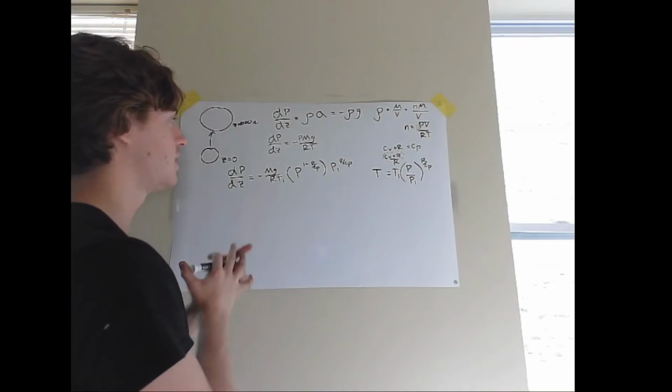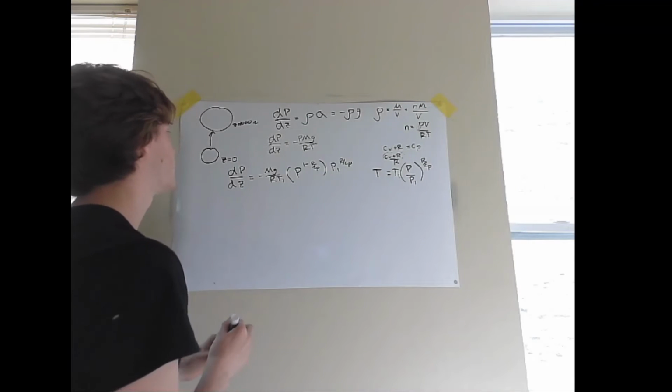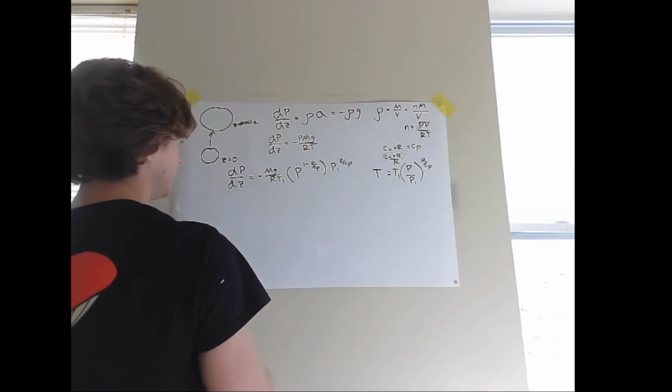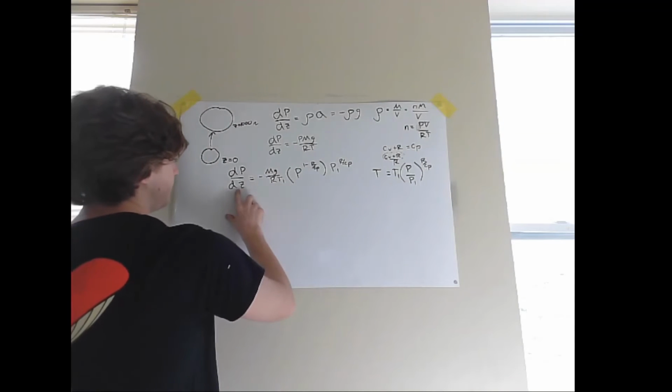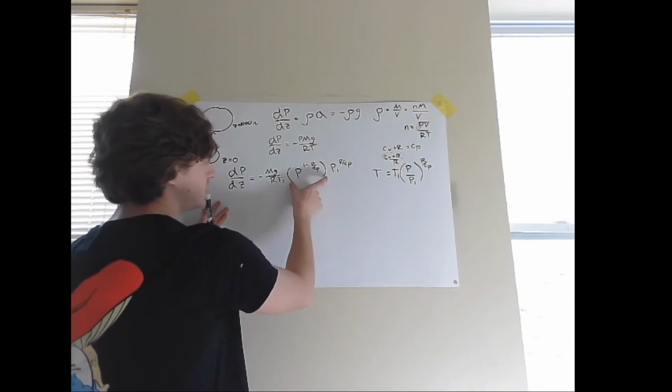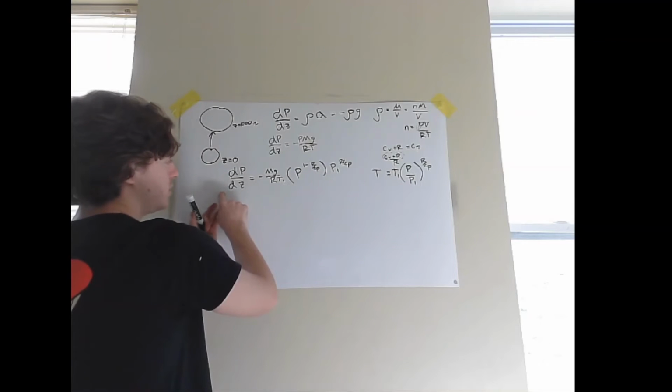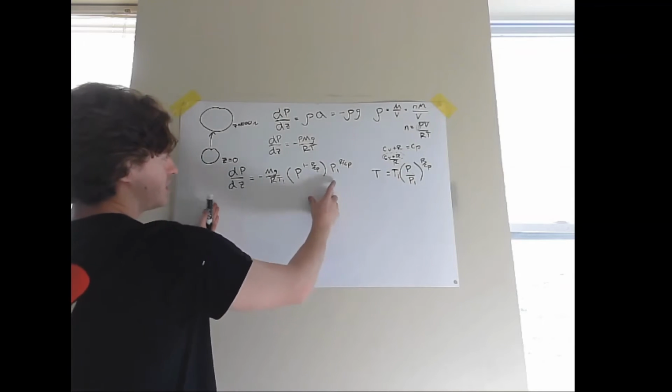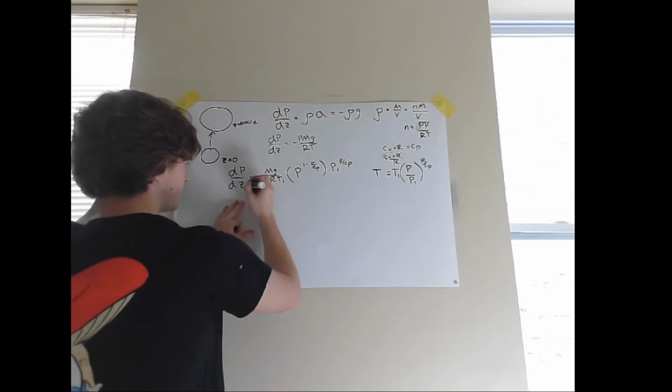From here, we can separate variables and integrate. So, kind of similar to last time. I'm going to multiply this to the other side, divide this term to the left side, and then these terms are constant, so I'm just going to leave them on the right side of the equation.